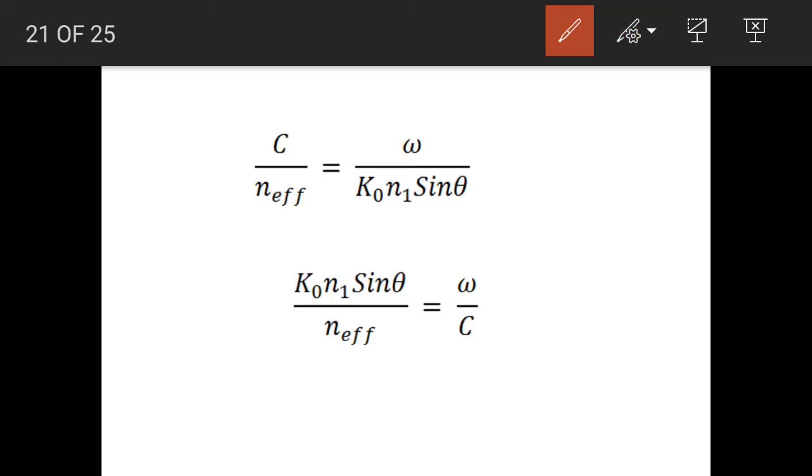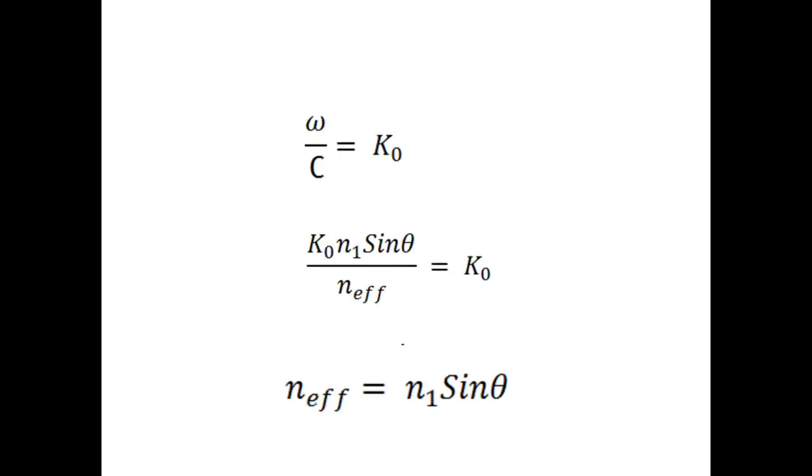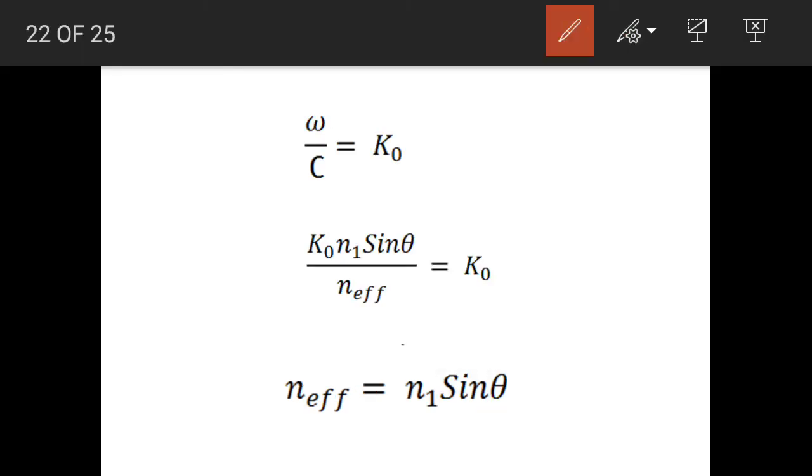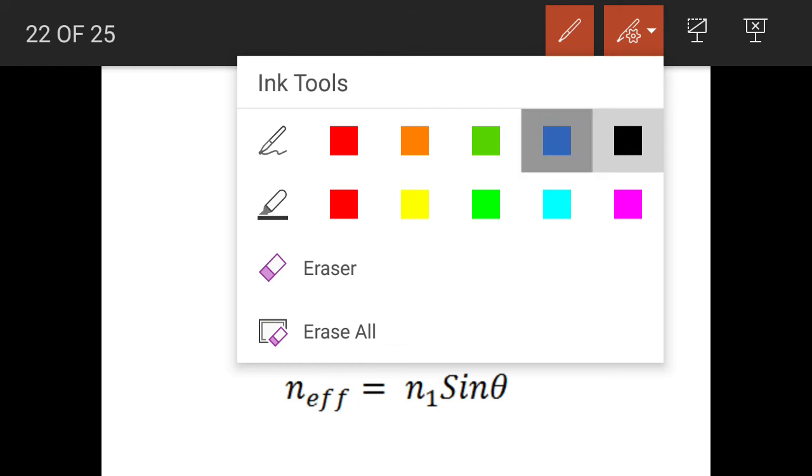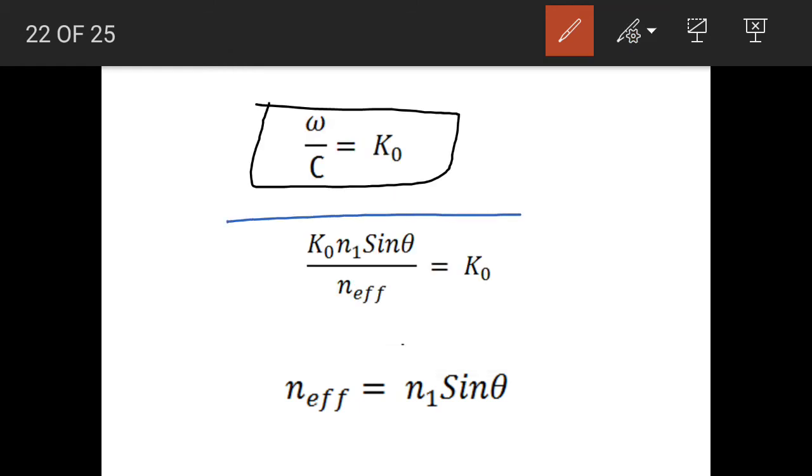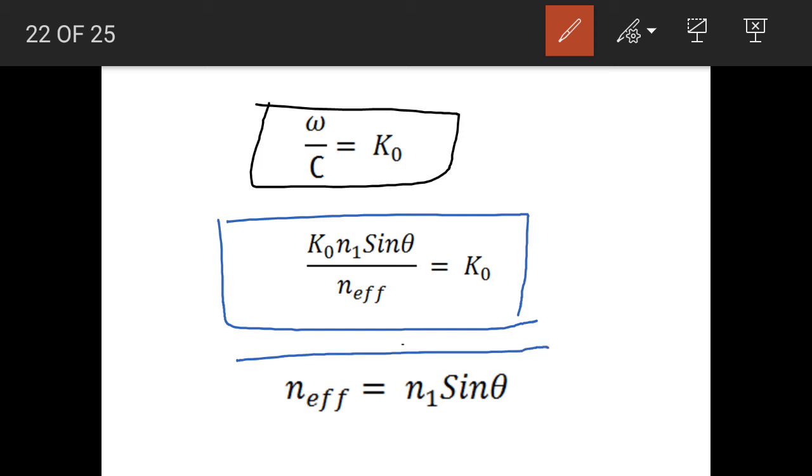So we can simplify the last equation: K naught N1 sine theta divided by N effective will be equal to K naught, and the effective refractive index of the central layer of the symmetrical slab waveguide will be equal to N1 sine theta.